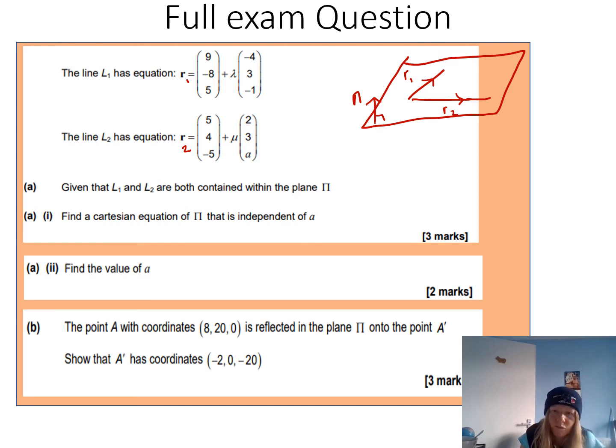Well, we do know 2 points on this plane. We know this point here, which, if you call that A, oops, that's point A. We know this point B here. So you can actually find the direction of A to B. If you find me the vector A to B, that's another direction on that plane.